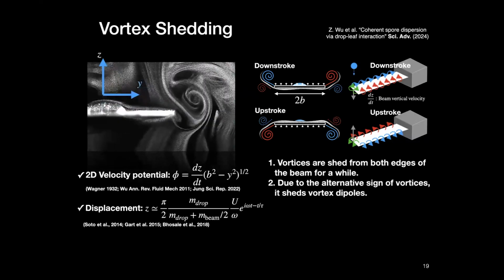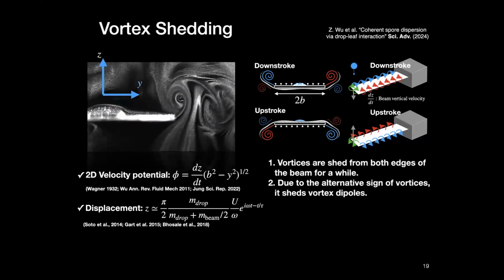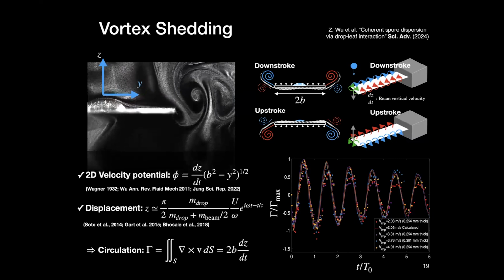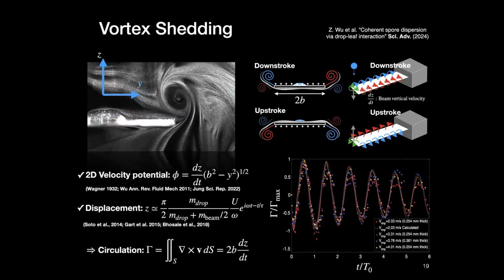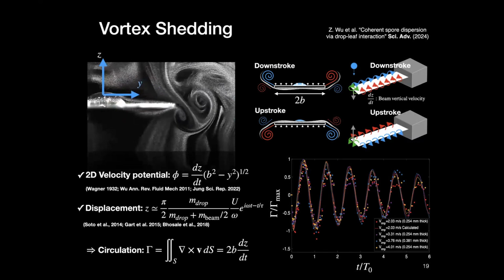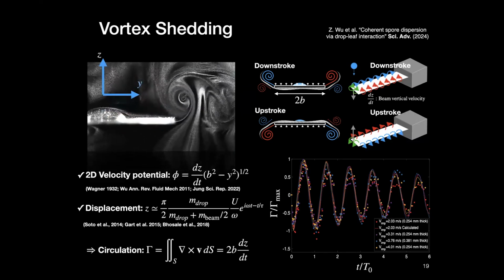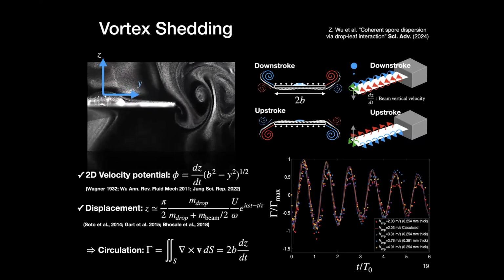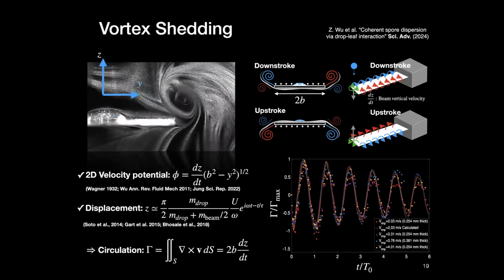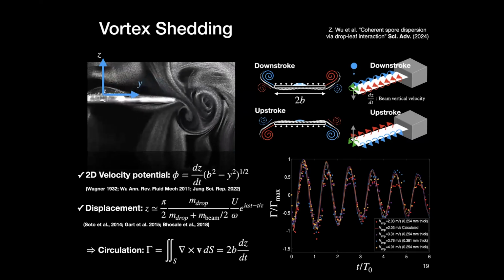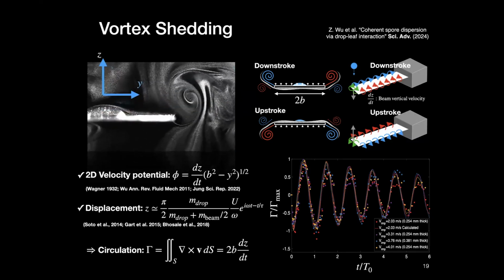What is the momentum induced by the raindrop impact? This is what we can calculate here. From those two, we can calculate the circulation, which is the vortices integrated over a certain area, and which simply depends on dc/dt, the vertical velocity of the beam. You can see here, this is the theoretical line, and that is from the experiment, and it follows what we are observing in this experiment too.